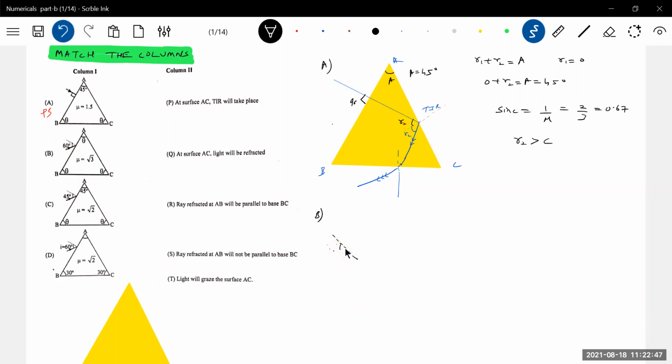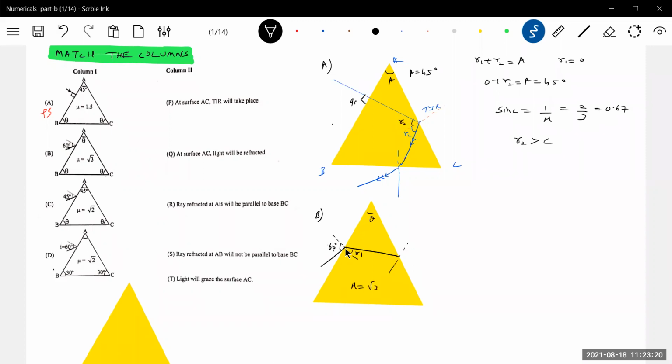This is 45 degrees. What is this? 60 degrees. The mu value we know, so it will undergo refraction. Then we have to see what conditions will come. This angle is theta.